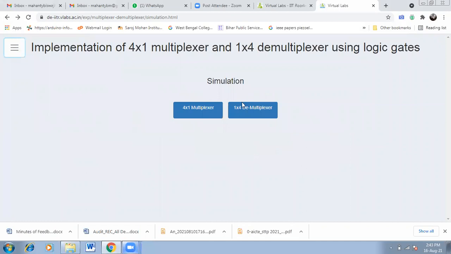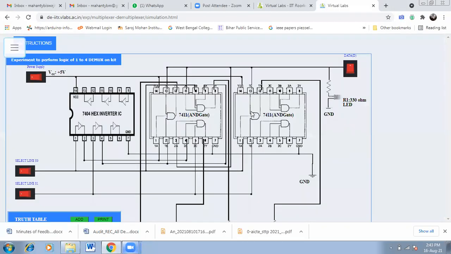See, this is the simulation of the 1x4 demultiplexer. In a demultiplexer, you have a single input and four outputs.